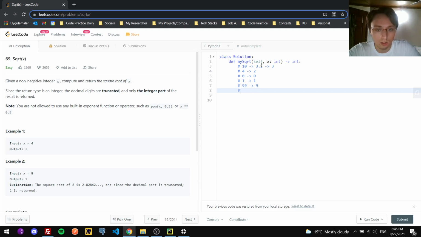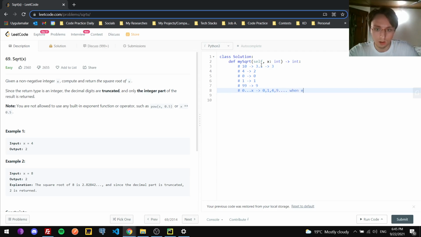Normally the first brute force approach will be to take a square of each number from 0 to x, so we calculate 1, 4, 9, and it goes on like that.